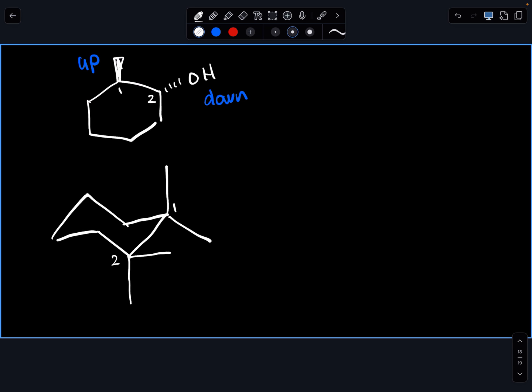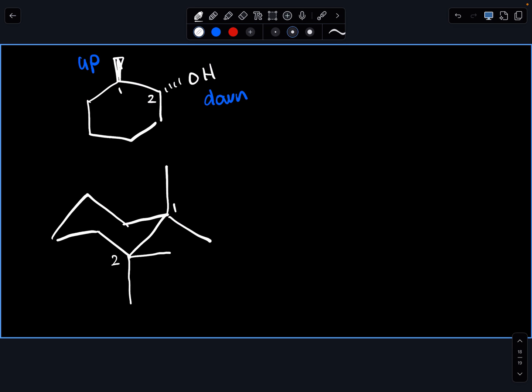Yeah, Isaac. So the peaks go up and if one's pointing down, it goes down? Yeah, so like carbon 2, I see an arrowhead coming down. So that means the bond coming from carbon 2 should go straight down. This is sort of an arrowhead going up to me, so it's up. And they alternate up, down, up, down, up, down as you go around the ring.